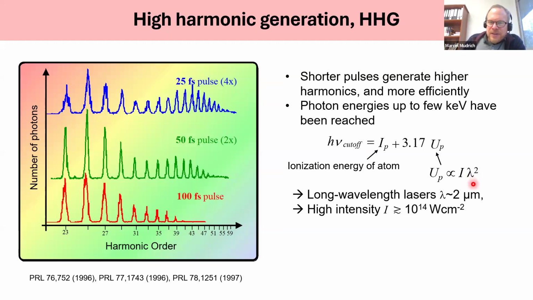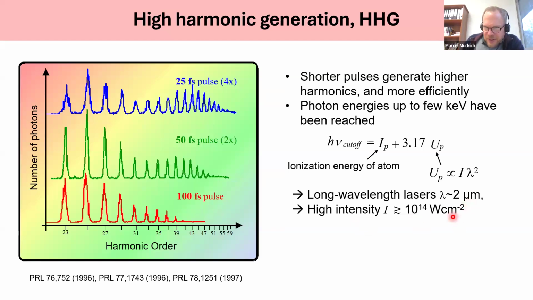So nowadays, the most efficient high harmonic sources to produce really high photon energies up to the X-ray are actually not titanium sapphire, not the usual 800 nanometer lasers, but mid-infrared lasers in the range of between, let's say, 1 and 5 or so micrometers.